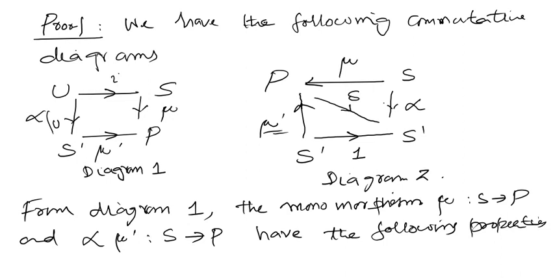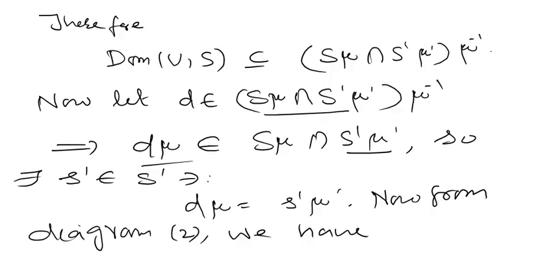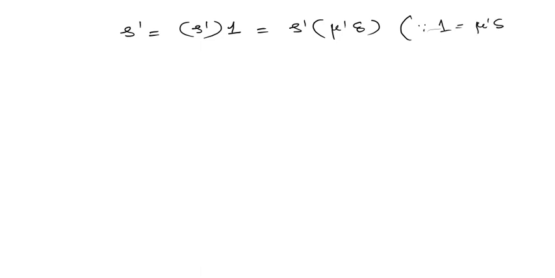So from diagram 1 we have S prime equal to S prime of 1, and this 1, from that diagram, is equal to mu prime delta.